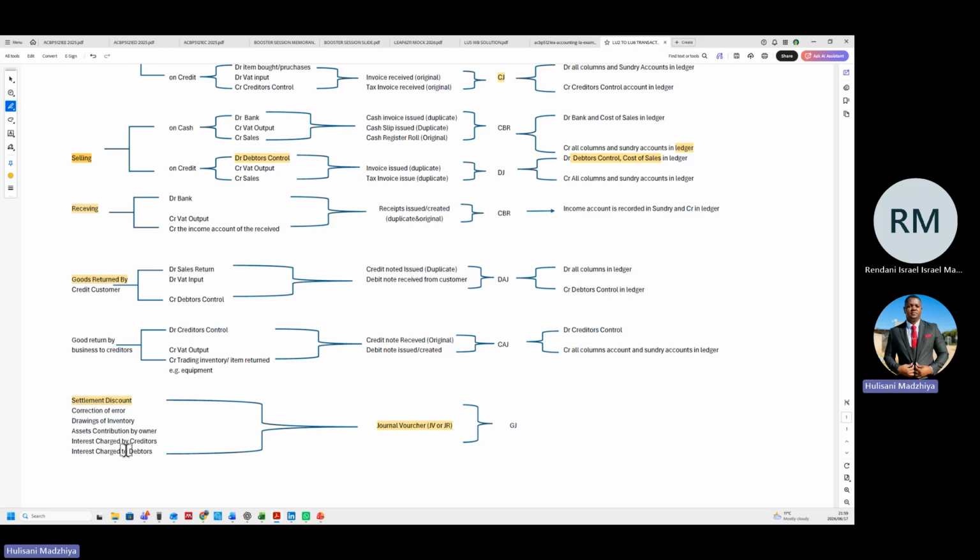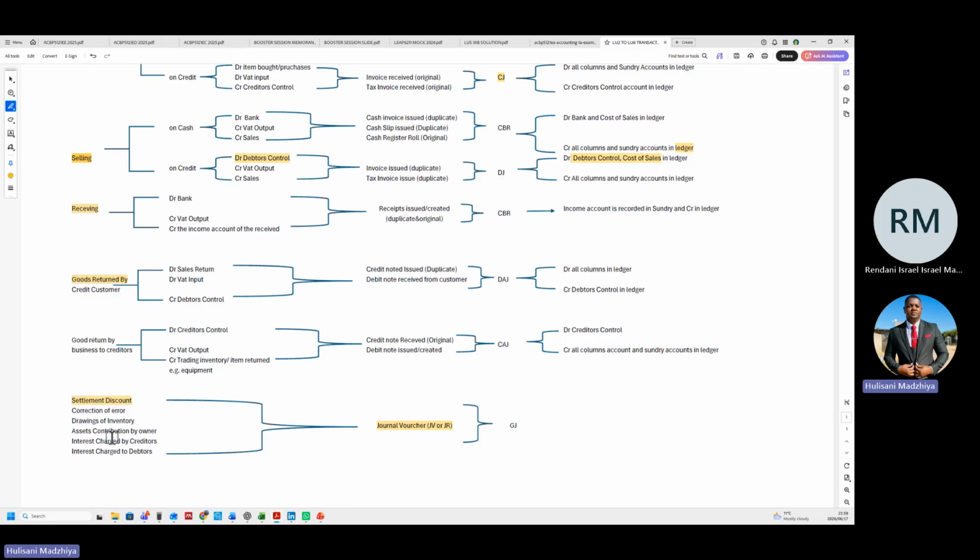Settlement discount. If we sold to a customer and they pay their money in full early, we give them a discount. The discount that we give when they pay the debt, we're going to record in the general journal. If a customer owes us 10,000 and you give them a 2% settlement discount, it means there will be 200 rand of discount on that 10,000.